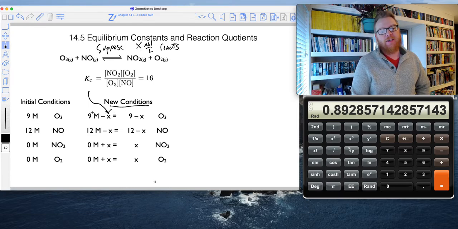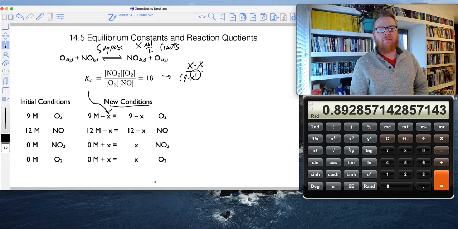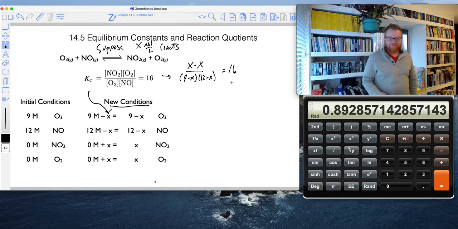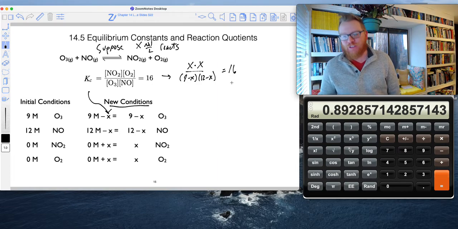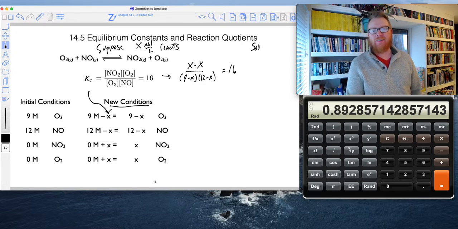So instead of 9 minus 5 to equal 4, we just have 9 minus X. Similarly, instead of 12 minus 5 to give us 7, we have 12 minus X. And with our products, we just have X and X. So that's X times X, all divided by 9 minus X times 12 minus X, and that all equals 16. Now we have to solve for X.